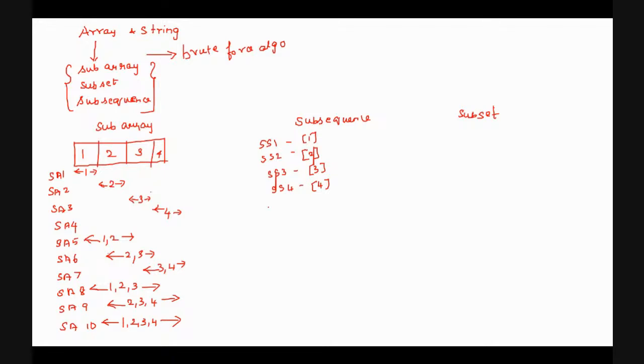My next subsequence 5 will be 1, 2. Subsequence 6 will be 1, 3. Subsequence 7 will be 1, 4. Now try to understand the difference between your subarray and your subsequence.